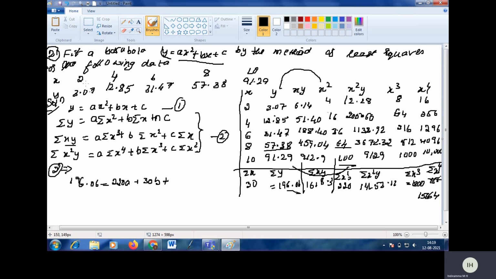What is n? 1, 2, 3, 4, 5. n is 5, so 5c. n is the number of terms in the data.